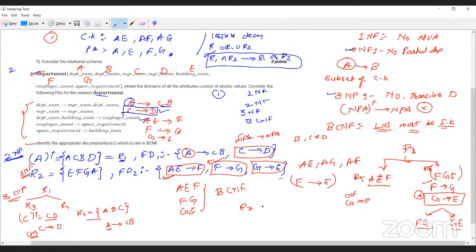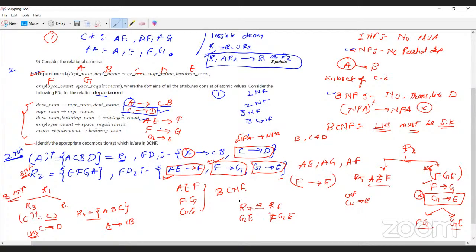In that case we don't need to divide it again. R7 is a subset of R6, that is FGE and GE here, right? So we don't need to divide it into R6 and R7. R6 is sufficient. Is that what it means?